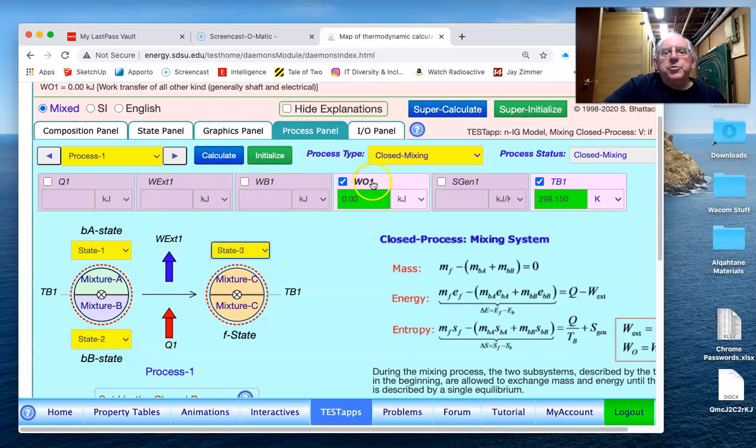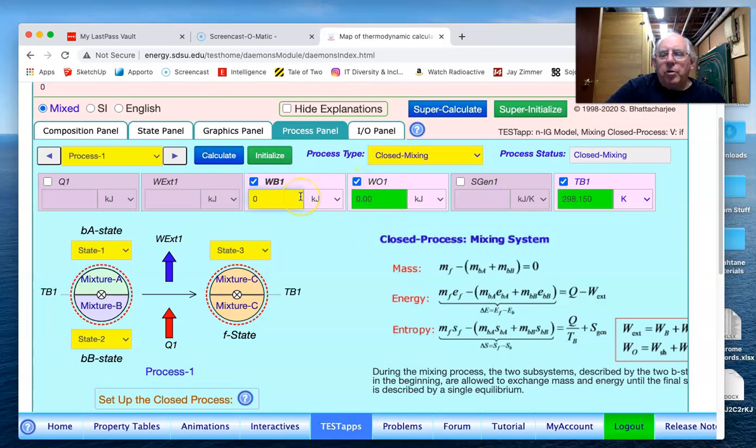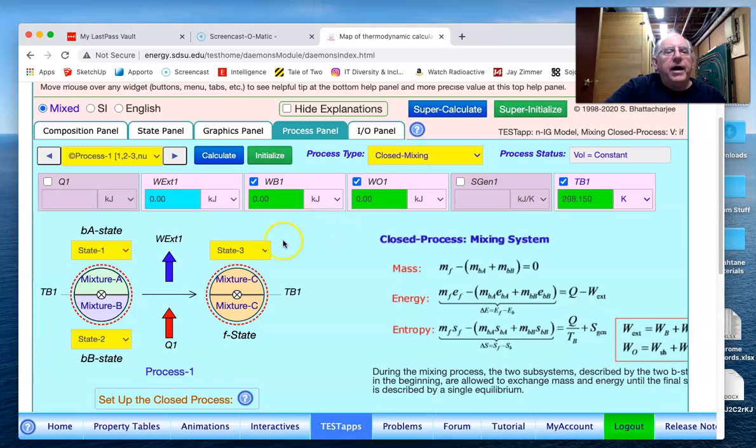We know in this particular case there's no shaft or electric work associated. It's defaulted to 0. There's no boundary work because they are rigid vessels. And finally, because it's well insulated, there is no heat transfer. So this is then the process.